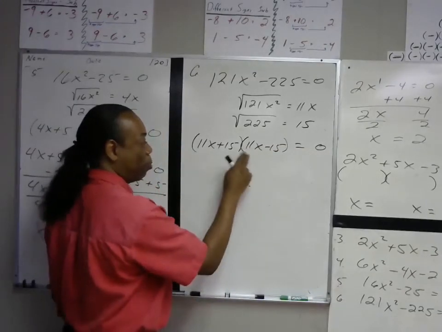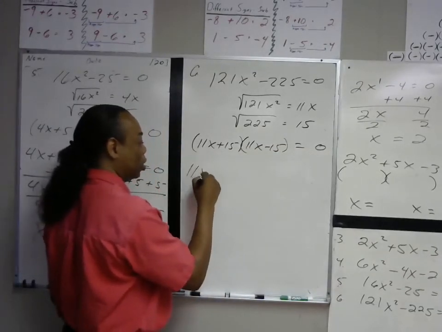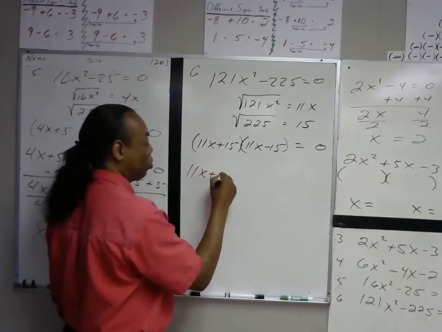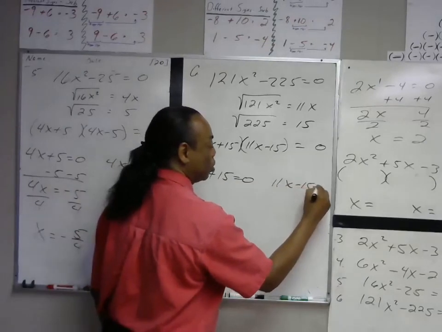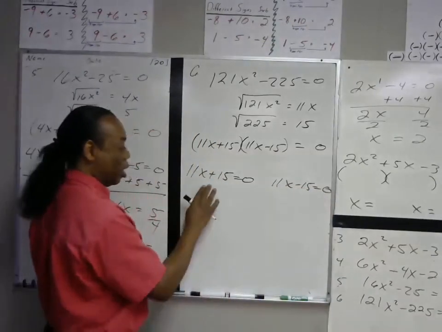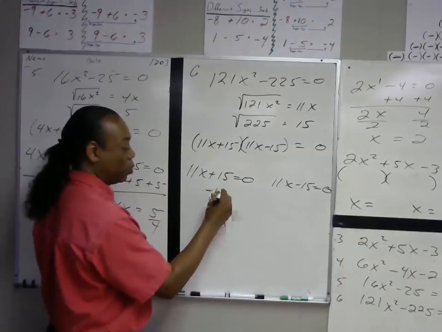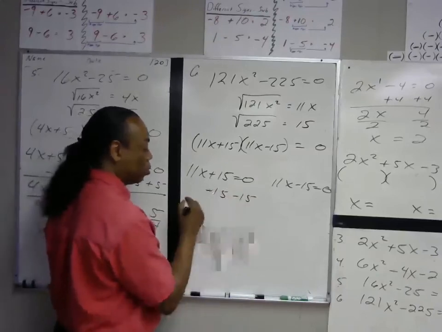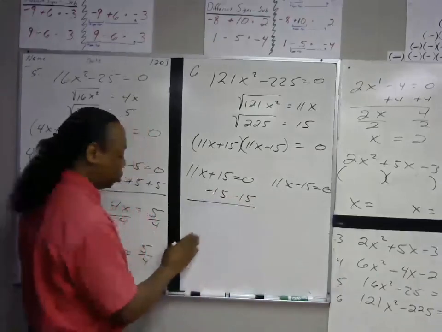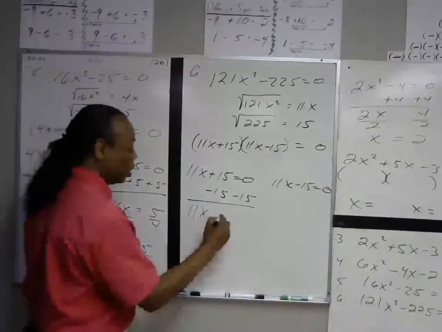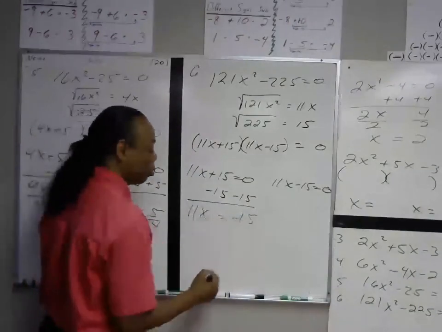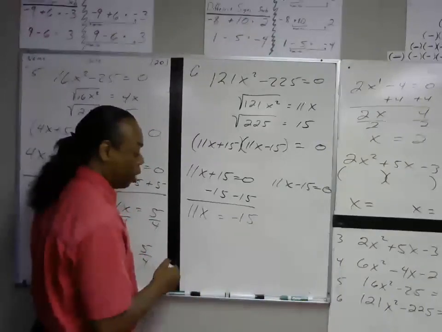And then we'll solve both factors, set equal to 0. So 11x plus 15, set equal to 0. 11x minus 15, set equal to 0. When I solve this, I'm going to subtract 15. This will give me an 11x that's equal to negative 15. I'll divide both sides by 11.